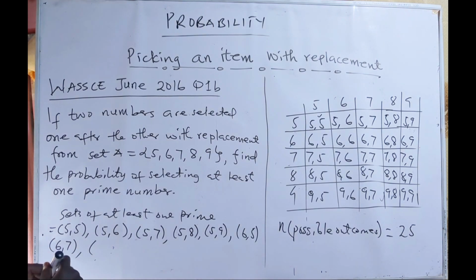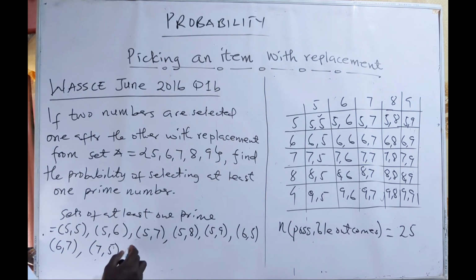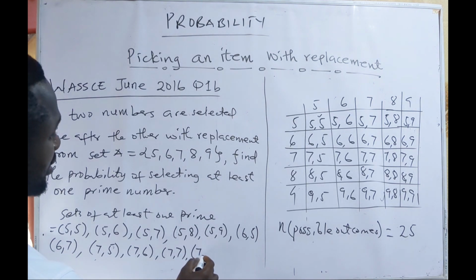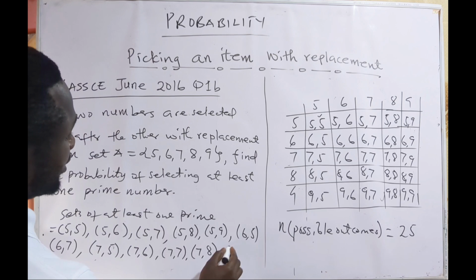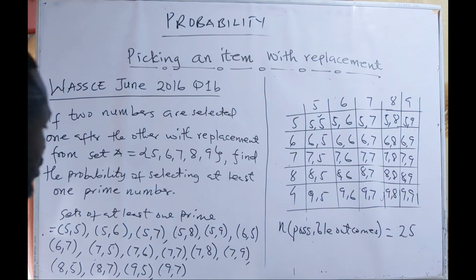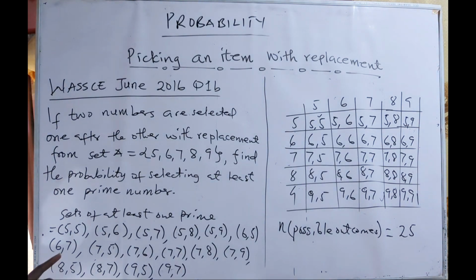Then 6, 8 and 6, 9 are not included. 7, 5, they are all prime. 7, 6, 7, 7, 7, 8, 7, 9 are all included. 8, 5, we can see 5 as a prime number there. 8, 6, no. 8, 7, okay. 8, 8, no. 8, 9, no. 9, 5, yes, there is 5 there. 9, 6, no. 9, 7, yes. 9, 8, no. 9, 9, also no.